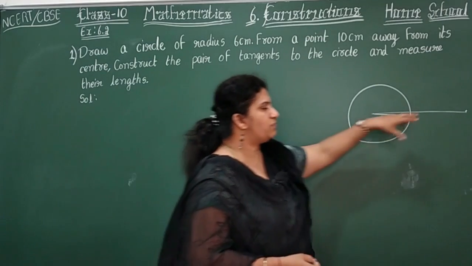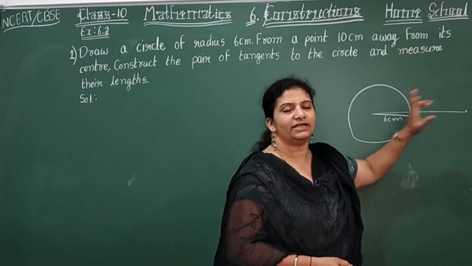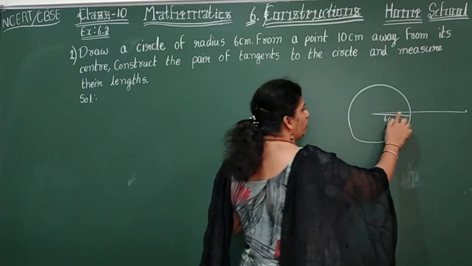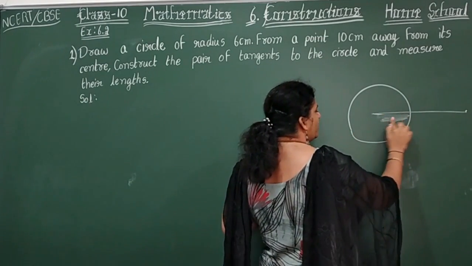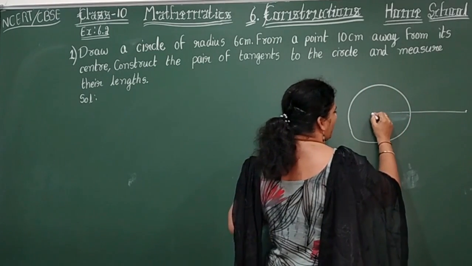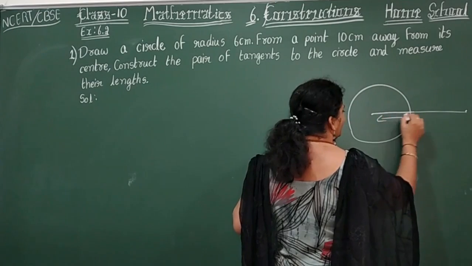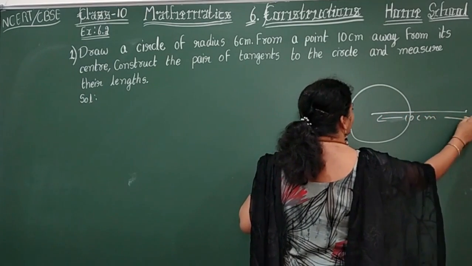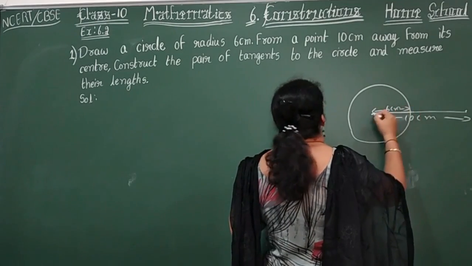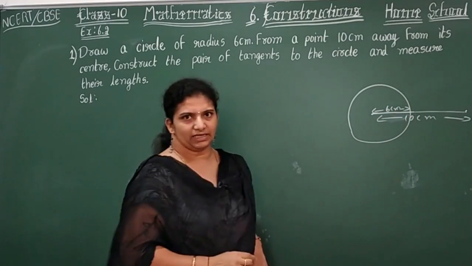So from this point, we need to draw the tangents. So I've said, no, children, first what we need to do? First, draw the line. Okay, first draw a line segment of length 10 centimeters. Then with 6 centimeters as radius, draw a circle.